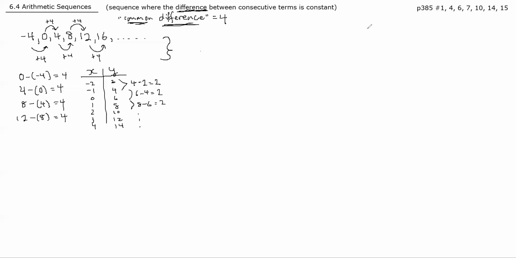I know that I am going to be adding 4, adding 4, adding 4, adding 4, so on and so forth, for as many times as I need to get to Tn. But what am I adding 4 to? I'm adding 4 to the first number, of course. In other words, Tn is the first term plus 4 a certain number of times.